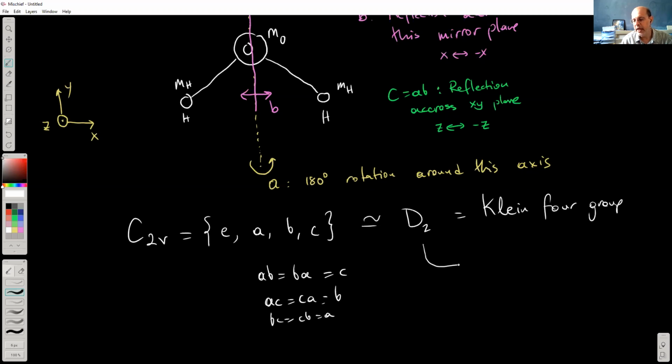So, I mean, the groups are different. That's the symmetry group of a rectangle, if you remember. But in the case of the symmetry group of the rectangle, I think we considered this as a subgroup of SO2.